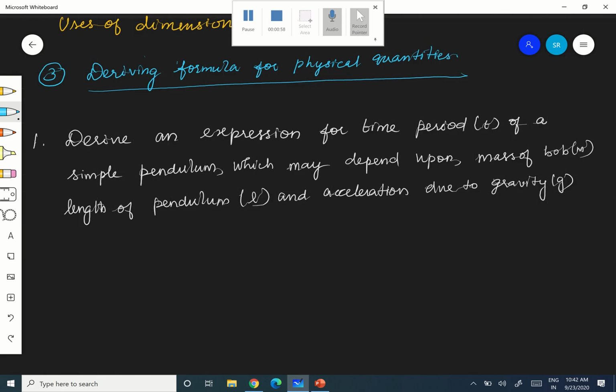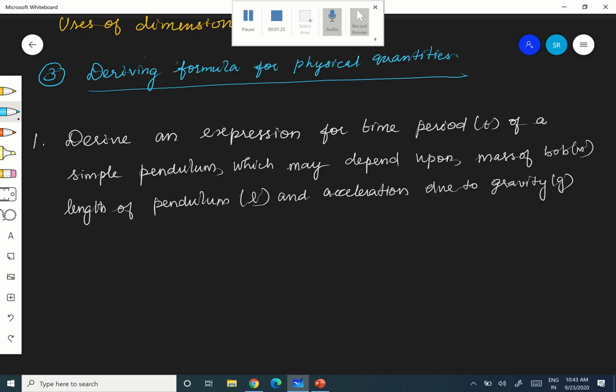Derive an expression for the time period T of a simple pendulum which may depend upon number one, mass of the bob, number two, length of the pendulum, and number three, acceleration due to gravity.